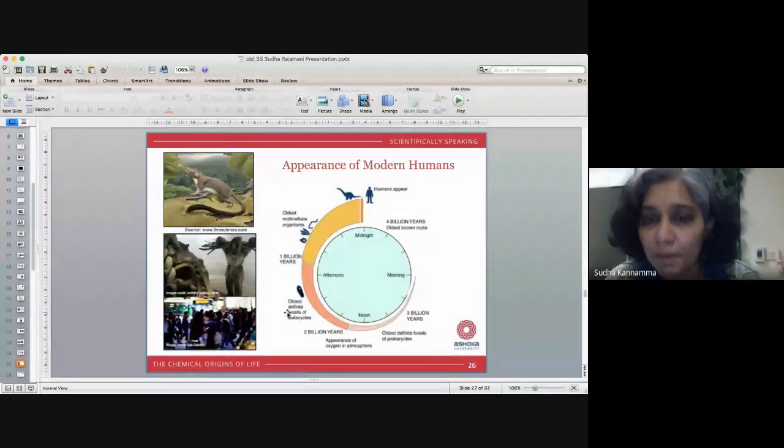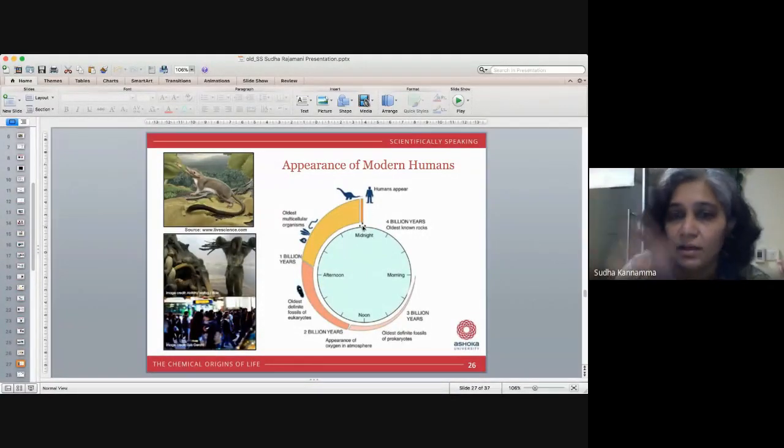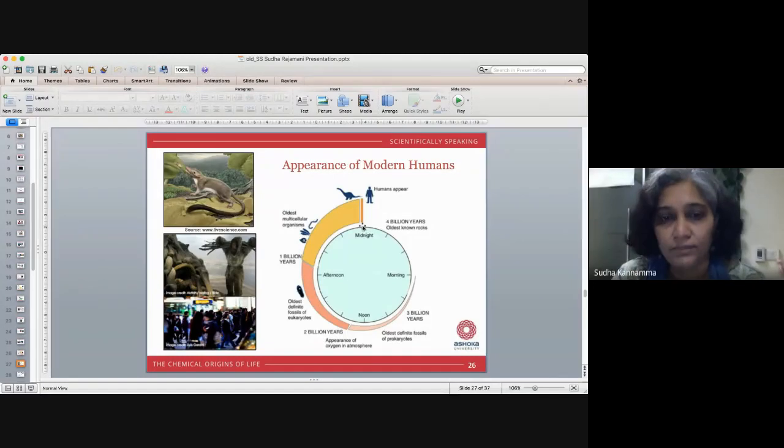When did we come about? On this clock, right? We literally appeared a minute or two before midnight. So all that happened prior to our appearance is extremely crucial for letting us emerge in the first place.